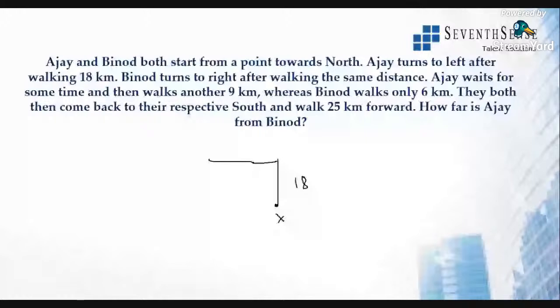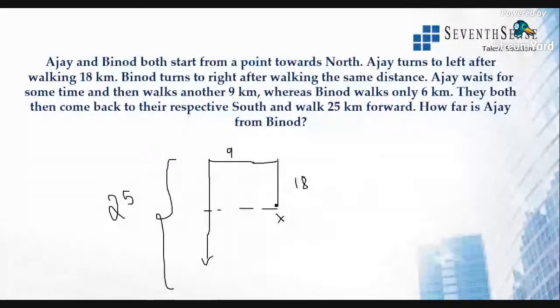So till this point, it is 18. So totally it is 25. This value is 18 and this is 7. Now Binod turns only 6 and he travels towards south.